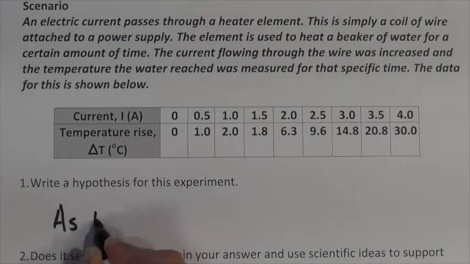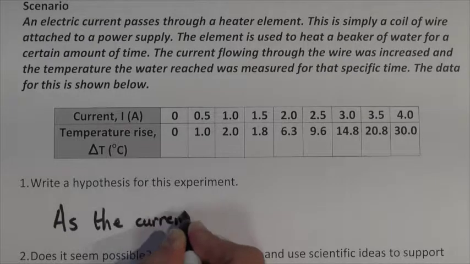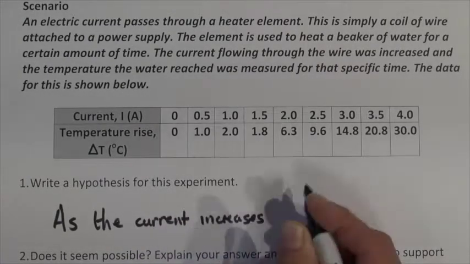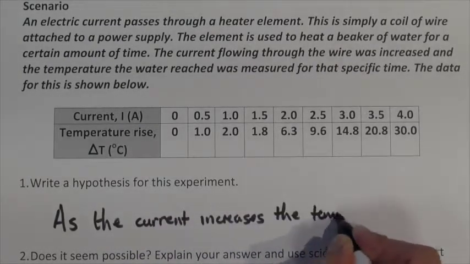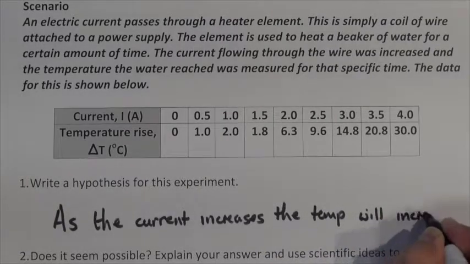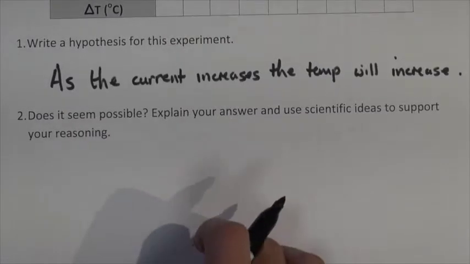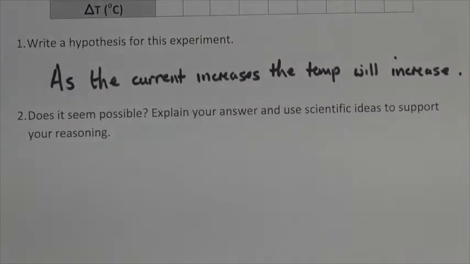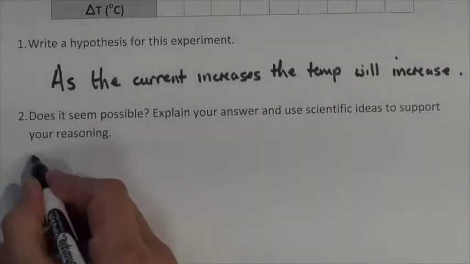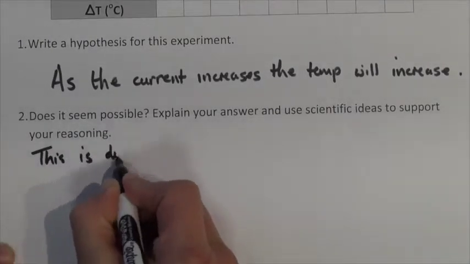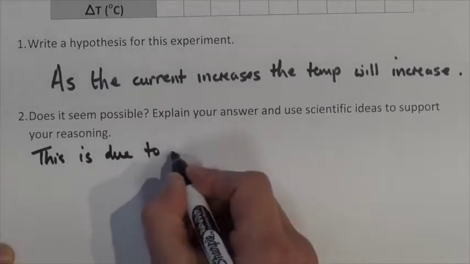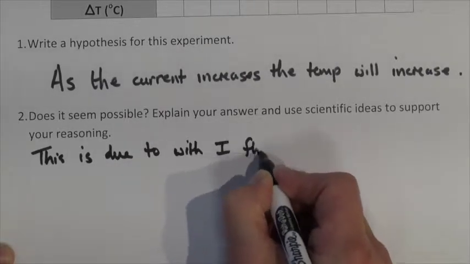Now the first one we've got is to write a hypothesis. So from this I can conclude that as the current increases, so does the temperature rise. Now you then might be asked some of the knowledge as to why this is coming about. And from this what we would try and put together is to say, well, as the current increases, we get more resistance.